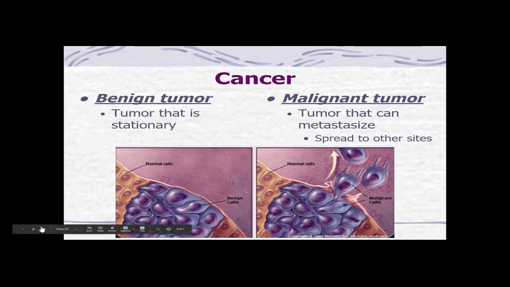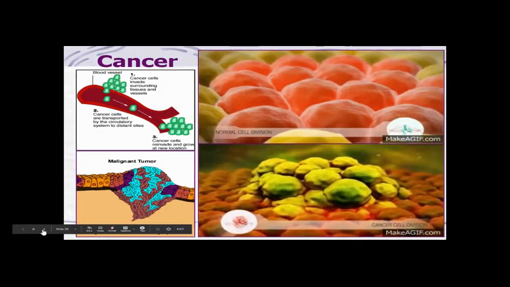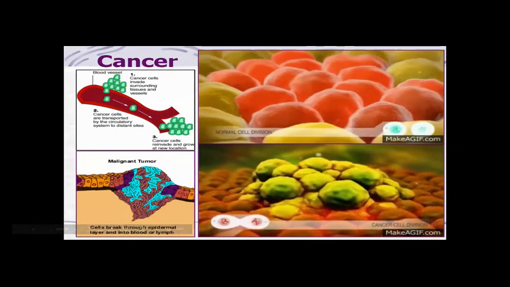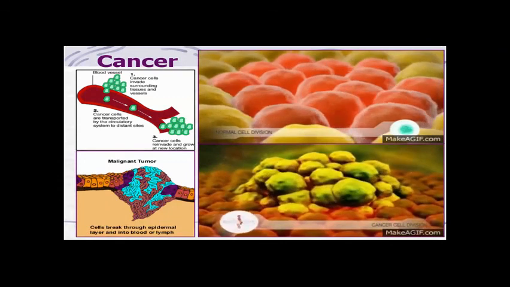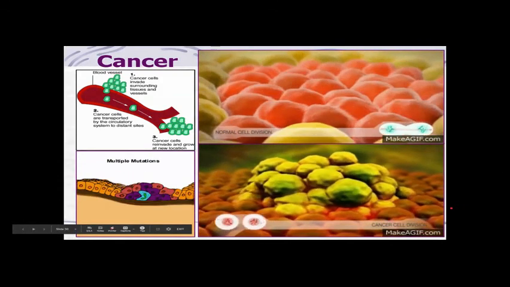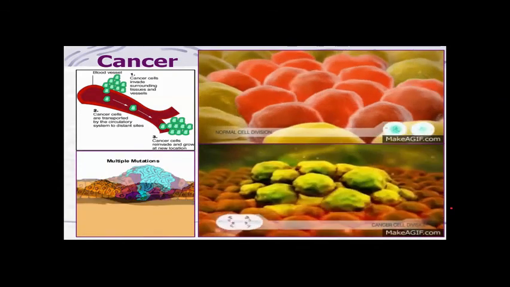Malignant tumors are much more difficult to treat because they have that ability to spread. So this is just comparing normal cell division with cancer cell division at a much more rapid pace, ending up resulting in tumors.